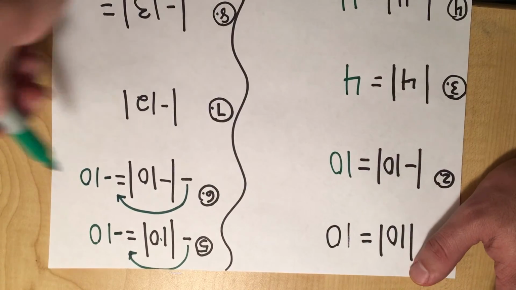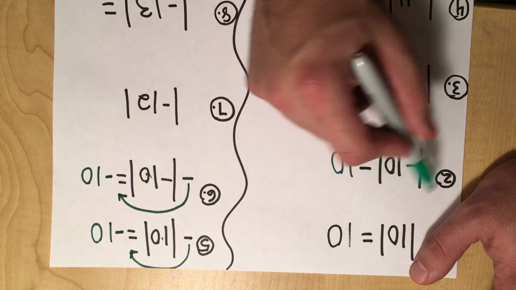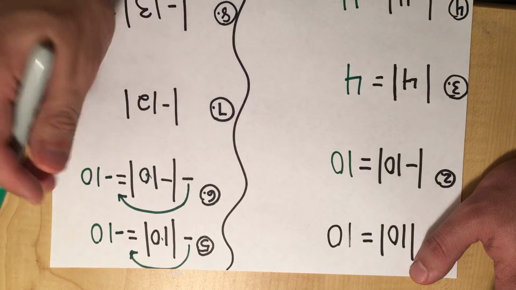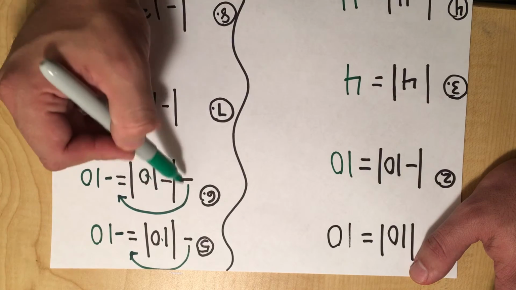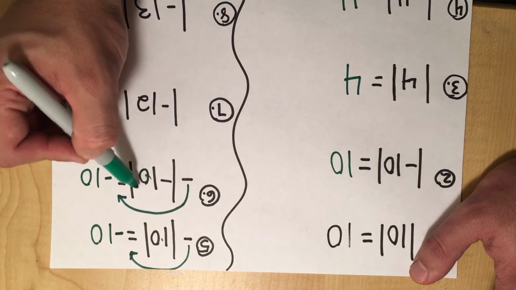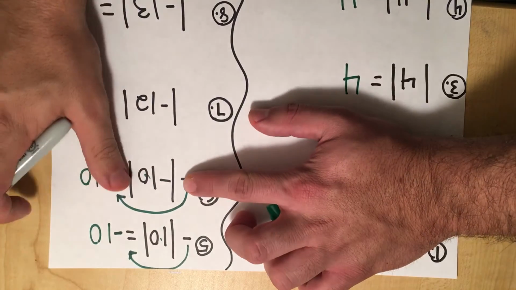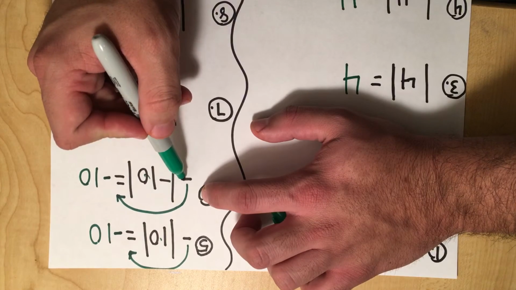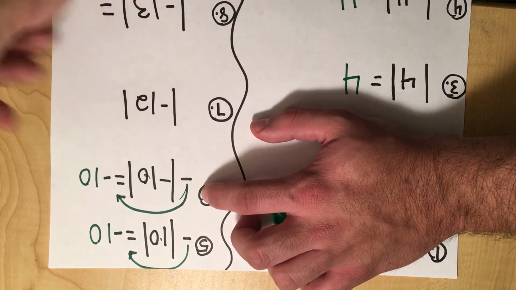Okay? Now, why are these different from this example over here? It's simply because the negative sign is outside of our lines, which means that we're only taking the absolute value of what's on the inside, and what's on the inside is negative 10. Whatever's on the outside, we're not taking the absolute value of that. We're just going to carry it over.